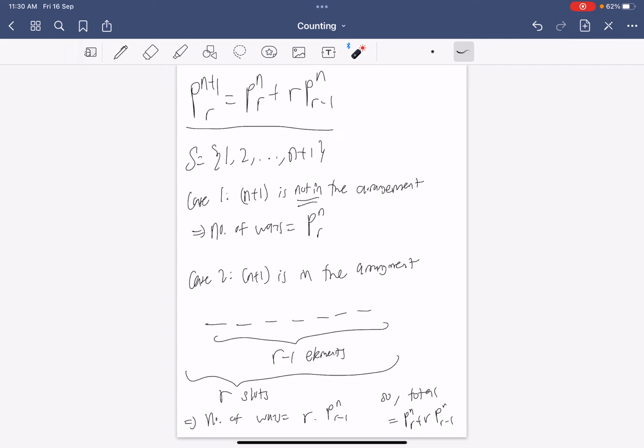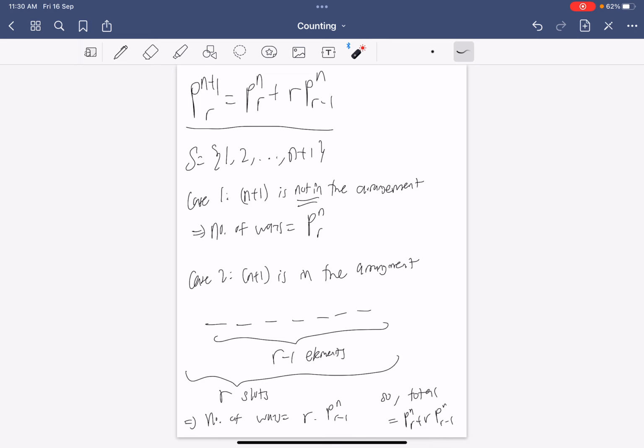But in case 2, it has to be the complement of it to use the addition principle, and so n plus 1 is in the arrangement. But now you only have r minus 1 other elements to arrange within the 1 to n set first.